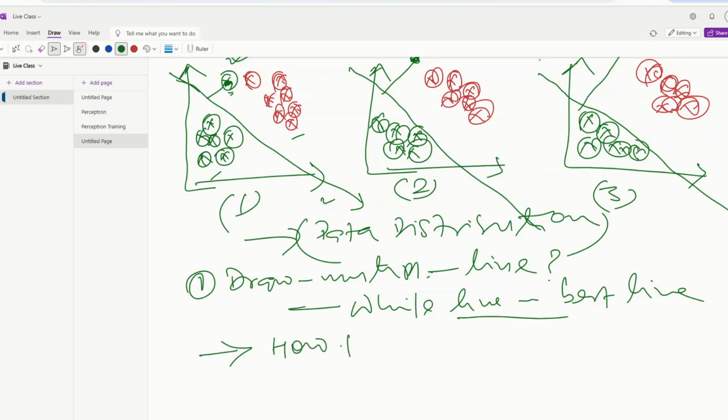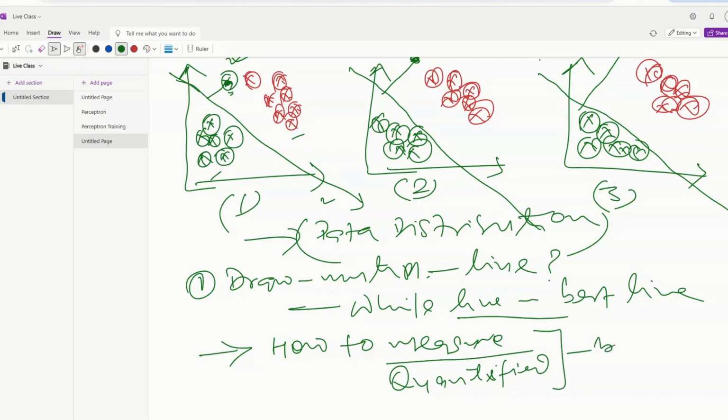The question is how to measure, or if I use the term, how to quantify the best line? Do we have some measurement or quantification so that I can find this is the best line? How can we do the comparison?